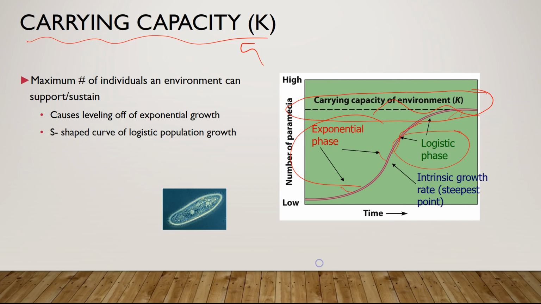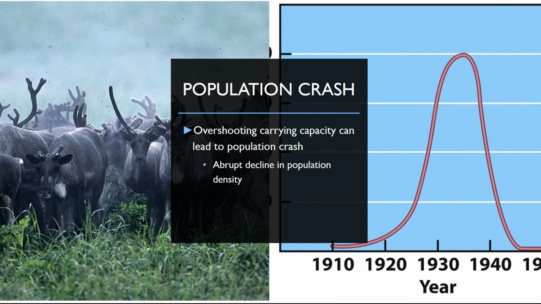Now, occasionally there are certain types of populations that will overshoot their carrying capacity. Sometimes an ecosystem is thrown out of whack by, let's say, some predators dying off. Predators are really important because they control populations of prey.